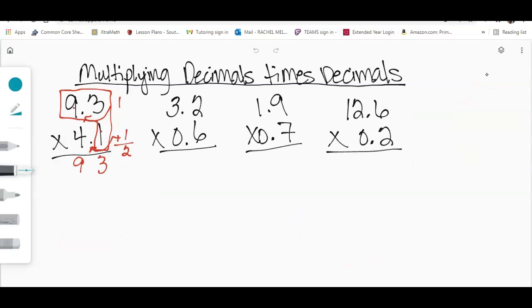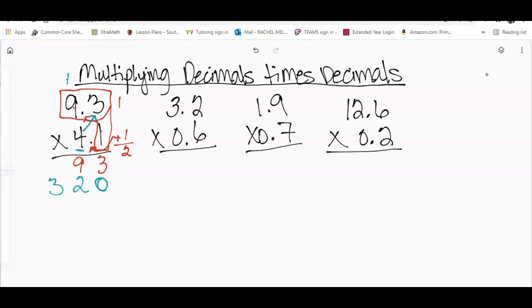Okay, so I place a 0 and I go this way first. So 4 times 3 is 12. Regroup my 1. 4 times 9 is 36 plus my 1 is 37. And then I add those together.